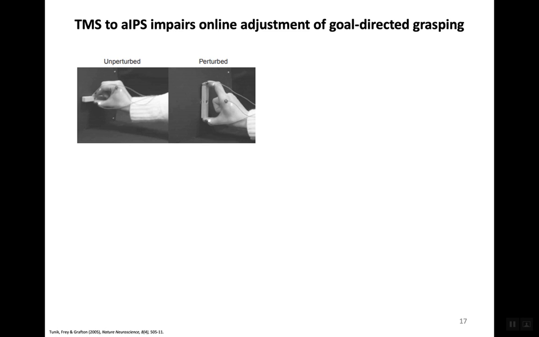Okay, so this is well known, and people have been tracking muscle activity in the fingers and the hand and the forearm to try to figure out the dynamics of such movements for a very long time.